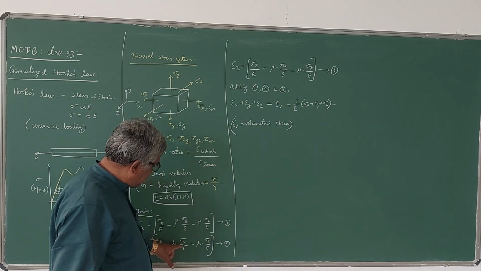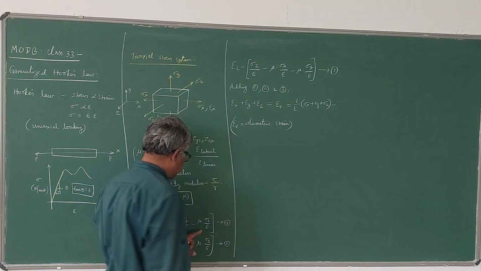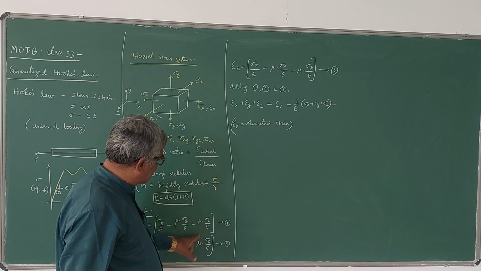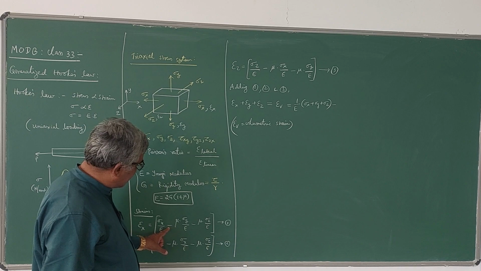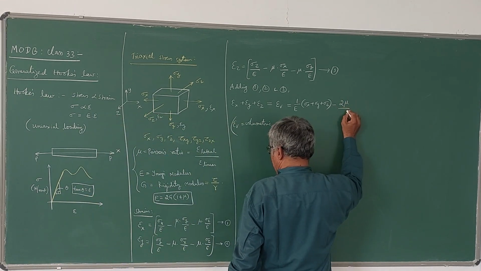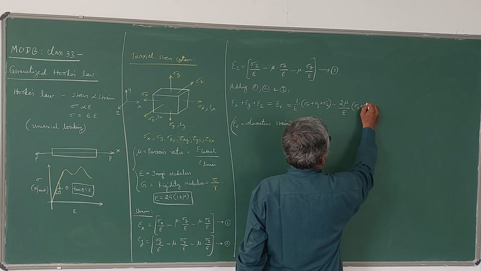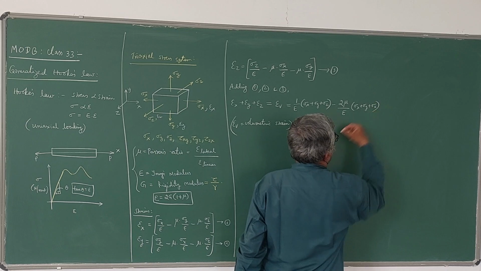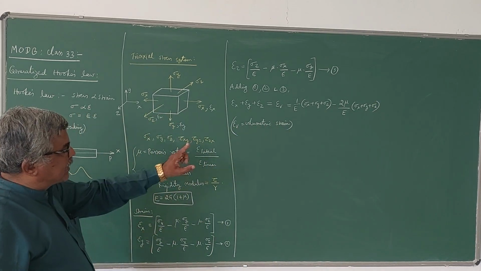Similarly, sigma x by E is here and also here. Sigma z by E is here and here. That means there are two terms each. So what I can write here is minus 2 mu by E into sigma x plus sigma y plus sigma z. This is how we can write after combining all the 9 terms.